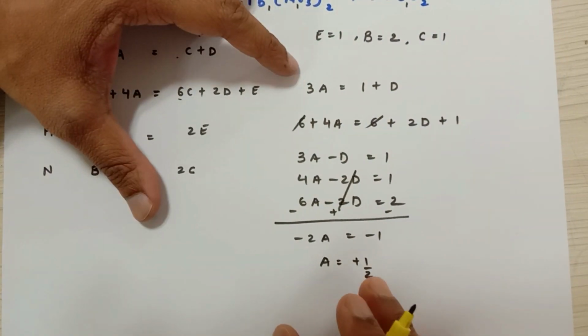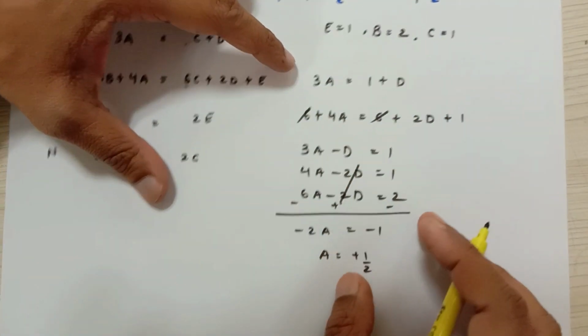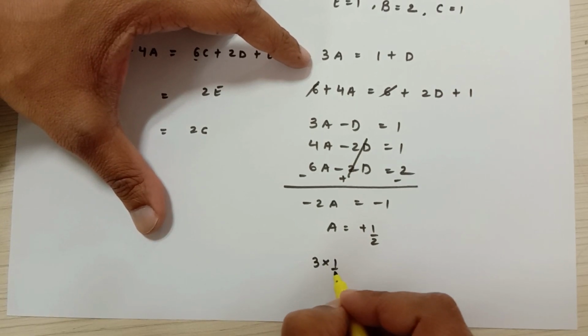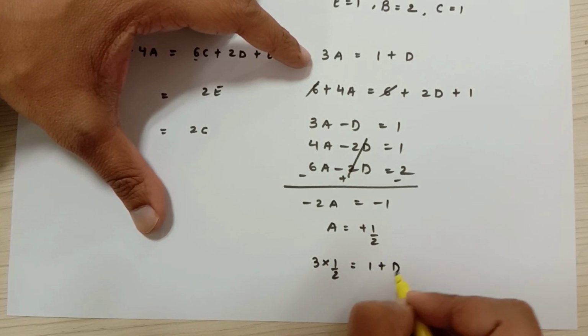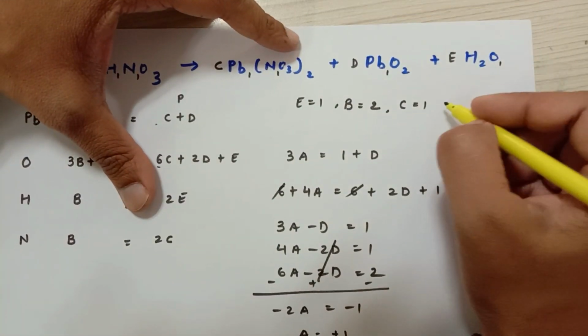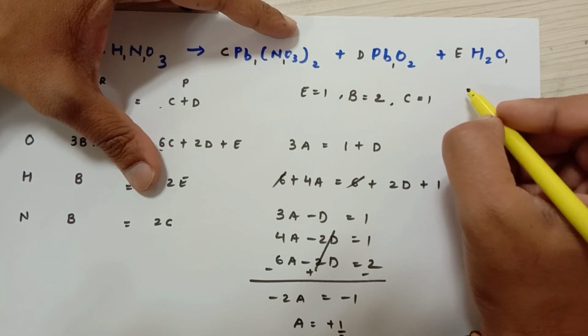So if I get the value of A, I can very easily find the value of D. So 3A, 3 into half, is equal to 1 plus D. So this is 3 by 2 minus 1, that is D. So that is equal to half again. Right? So now the values of A and D are also clear to us.